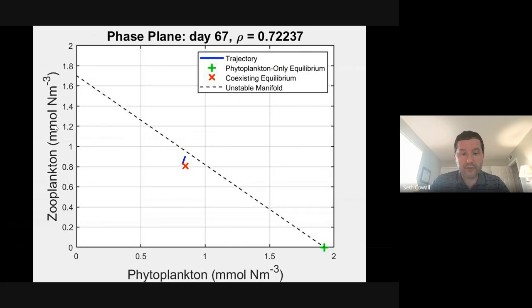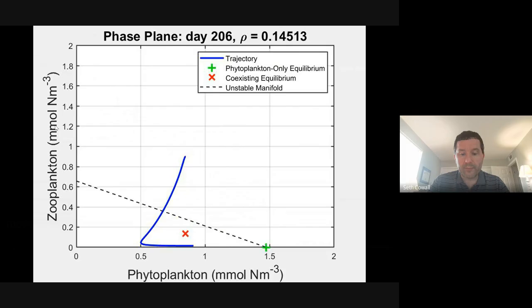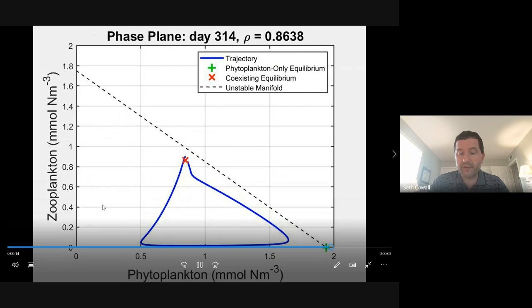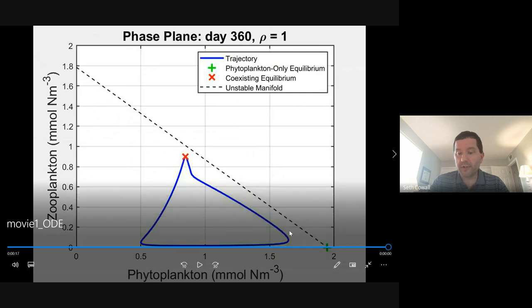Okay, the system is being knocked out of balance, and as the zooplankton go down, the trajectory moves towards the saddle point. But as the zooplankton make their comeback, the system moves back towards the balanced state.